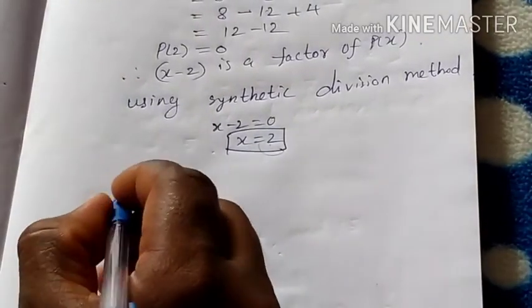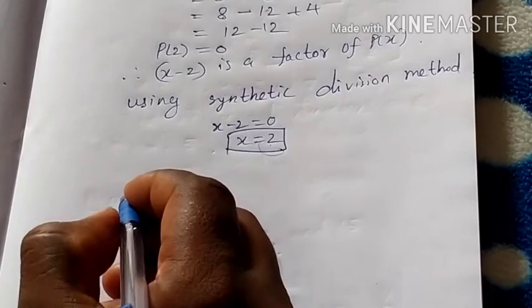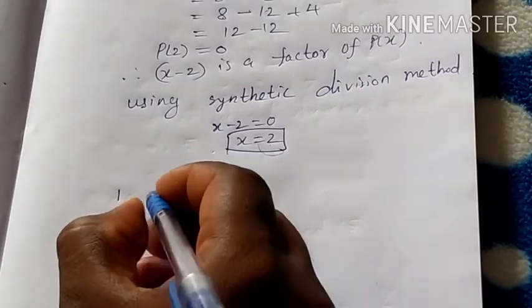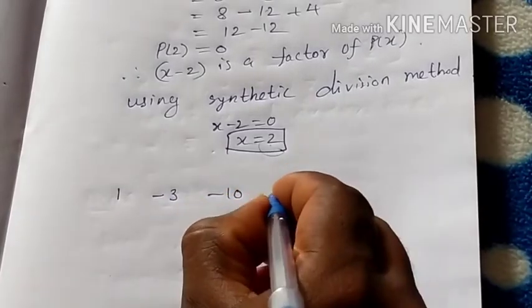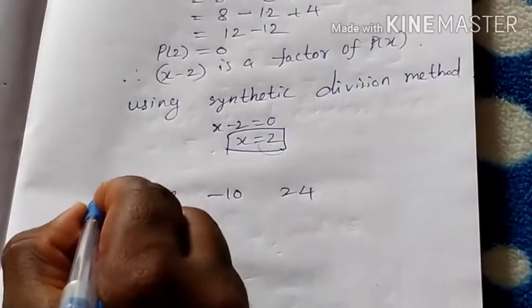Write the coefficients of the variable. The x cube coefficient is 1, the x squared coefficient is minus 3, the x coefficient is minus 10, and the constant is 24.